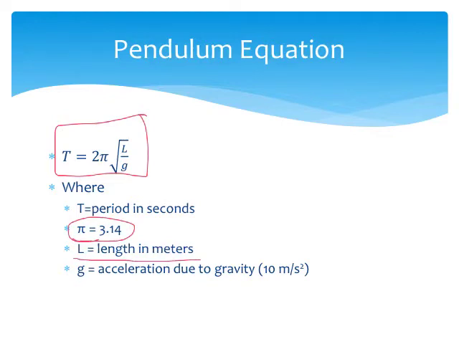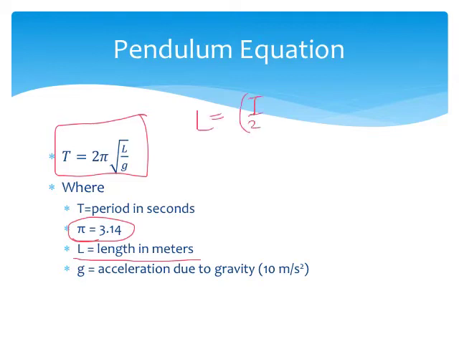So if you need to rearrange this, and for part 2 in the lab you'll have to use this equation to solve for G, it's a little more complicated than what you're used to, so I'm just going to write it down rather than walking you through it, and explain just some of the key ideas to keep in mind. So, if you ever need to solve for length, it looks like this.